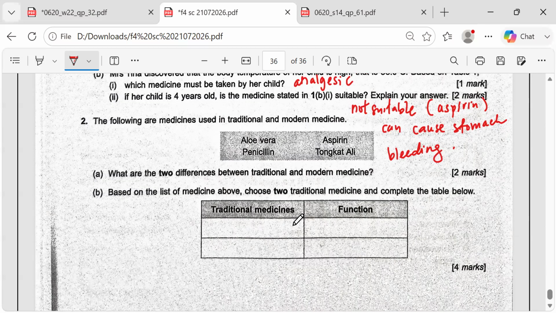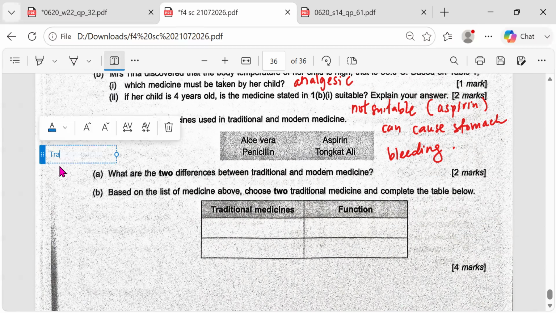What are the two differences between traditional and modern medicine? Okay, so I wrote here. Traditional medicines are usually from plants and animals.